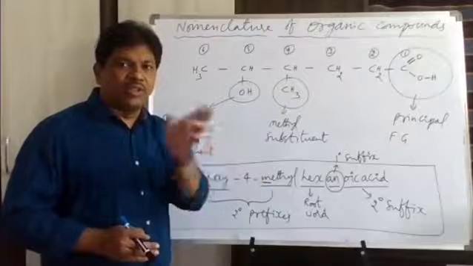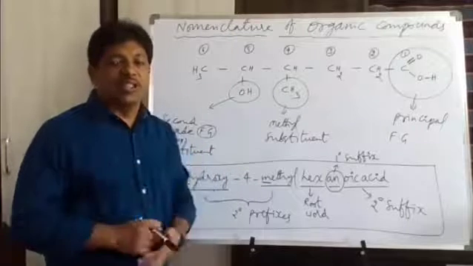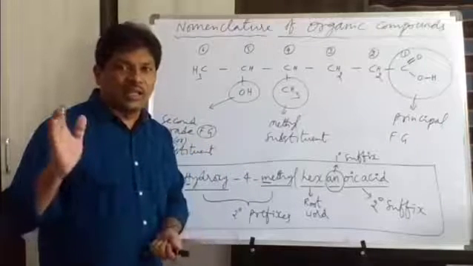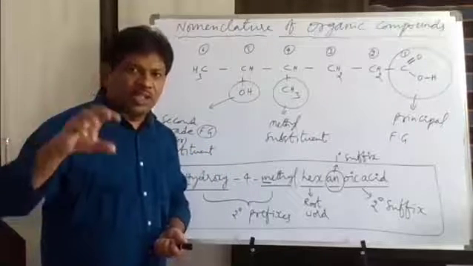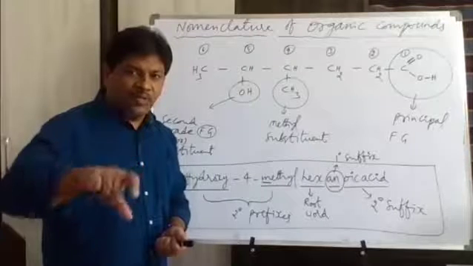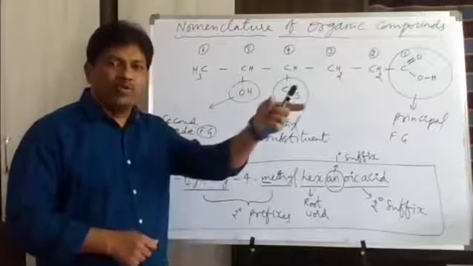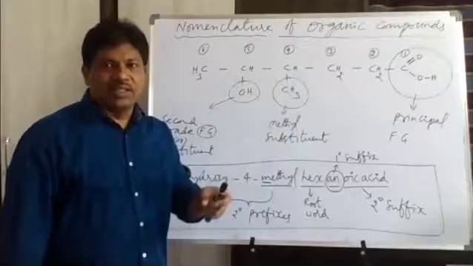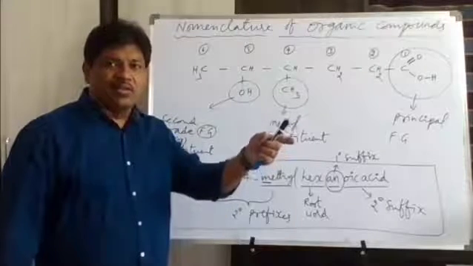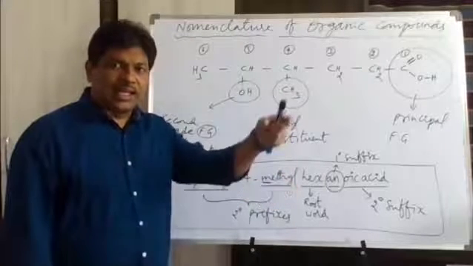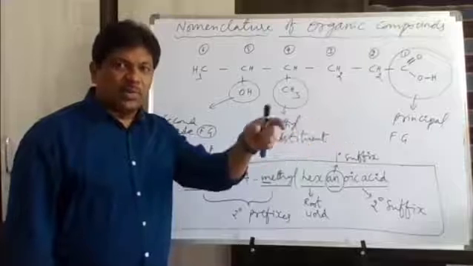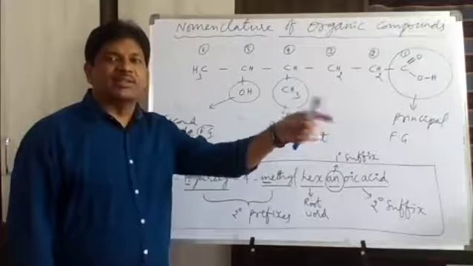Whatever we write before the word root is called prefix. In the prefixes, we have different types like number prefix, numerical prefix, secondary prefix, primary prefix. In the suffixes again, primary suffix, secondary suffix, number suffix, numerical suffix.